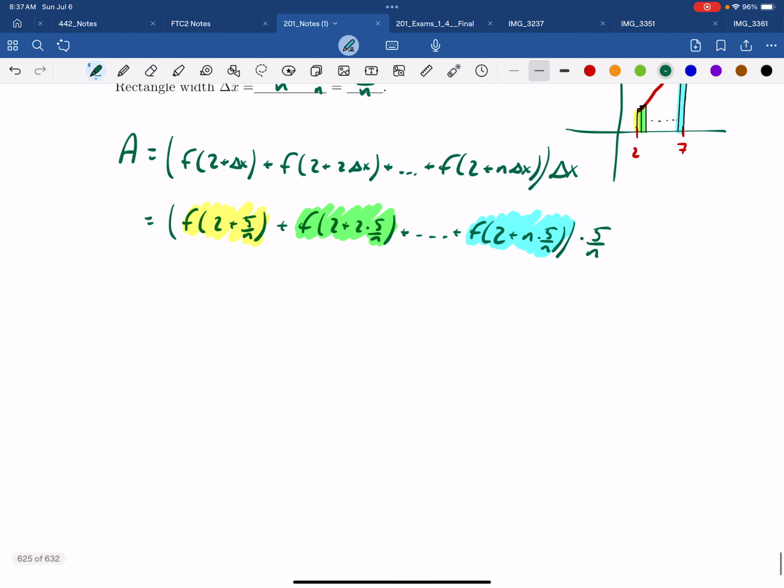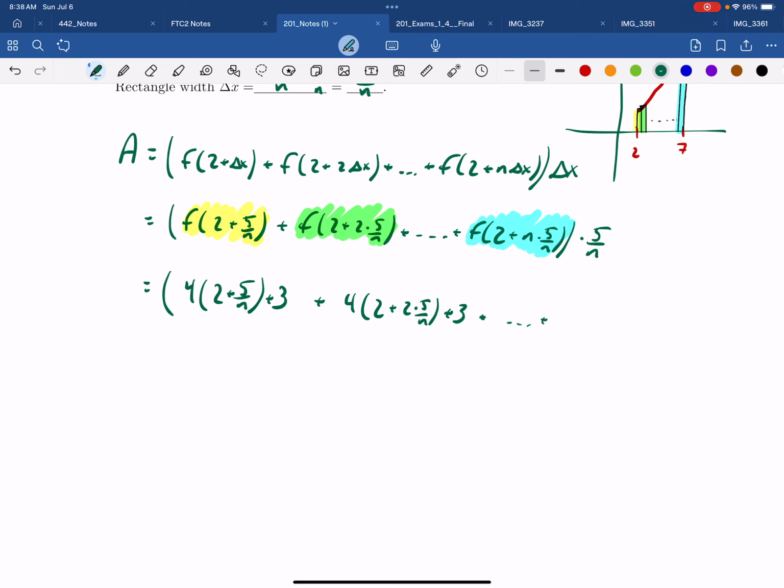Okay, anyway, plug this all in, and we get 4 times 2 plus 5 over n, plus 3. I'll keep the second term. It's going to be 4 times 2 plus 2 times 5 over n, plus 3, plus and so on, plus 4 times 2 plus n times 5 over n plus 3.